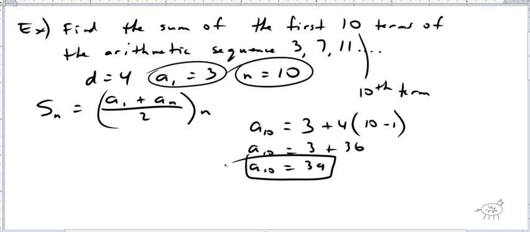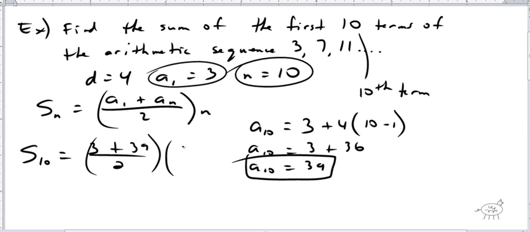Now I can plug everything into the formula. S sub 10 equals the first term, 3, plus the last term, 39, over 2. It's the average of the extremes times the number of terms. If you do that, you get S sub 10 is equal to 210.